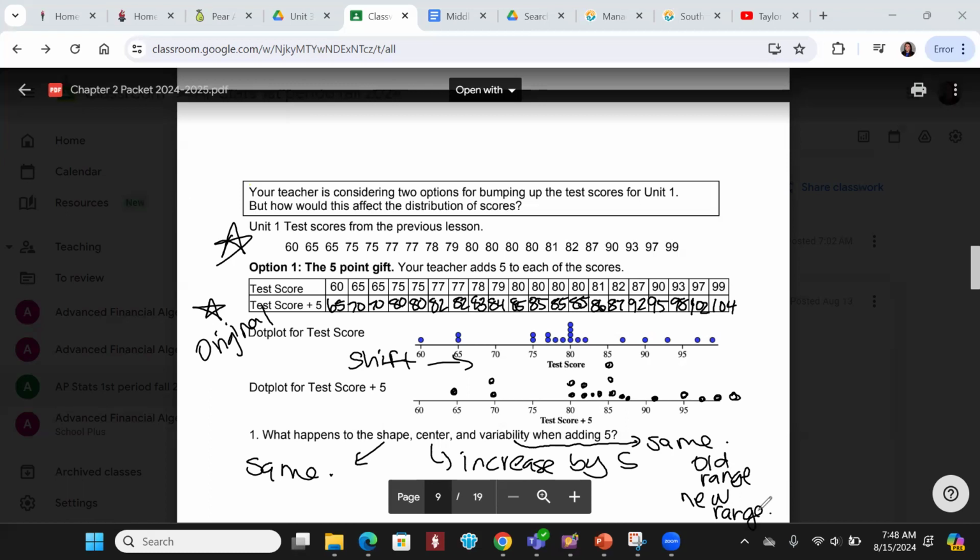If you don't remember how to do those calculations, go to your little how-to calculator page and it does the 5-number summary. You're going to have to create the list and do all that. It's good practice to do this because on your test, I can't help you, right? Got to have that down. So go ahead and take a moment, find the mean and the range of the old and the new.